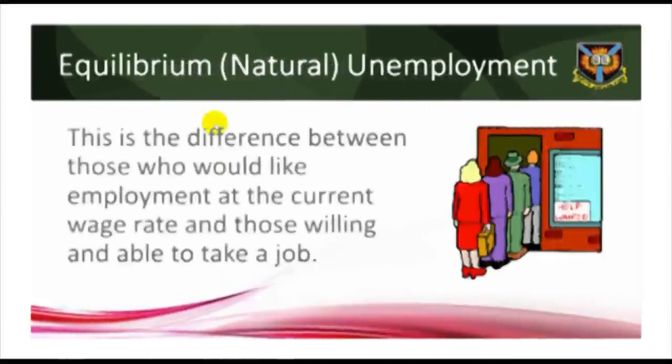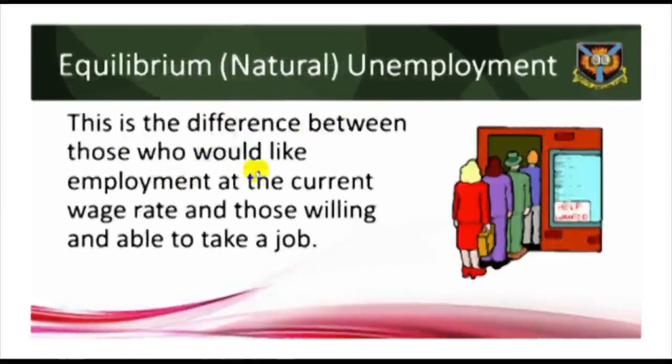Equilibrium or natural unemployment. This is the difference between those who would like employment at the current wage rate and those willing and able to take a job. This is possible even when there is no general disequilibrium in the economy at the current wage levels. Even when there are as many job vacancies as people unemployed, there will still be some unemployment.